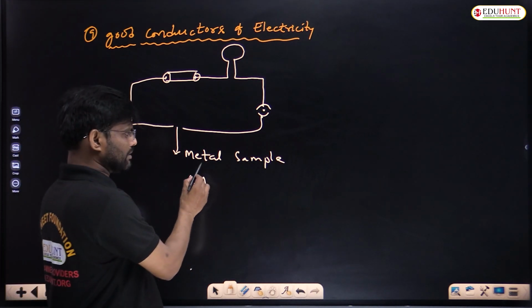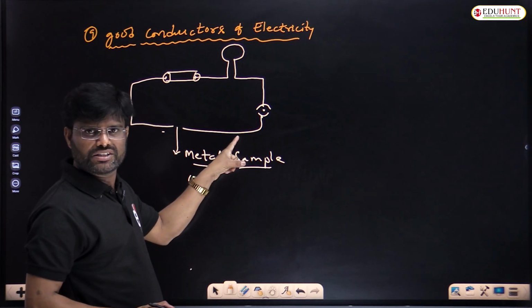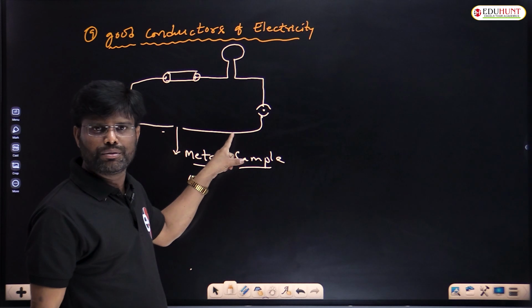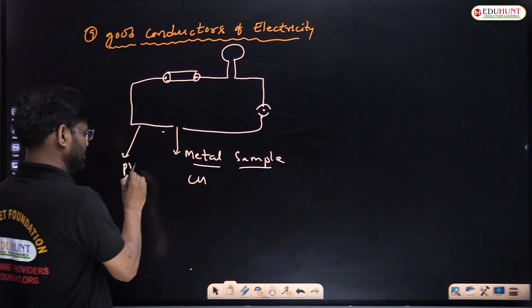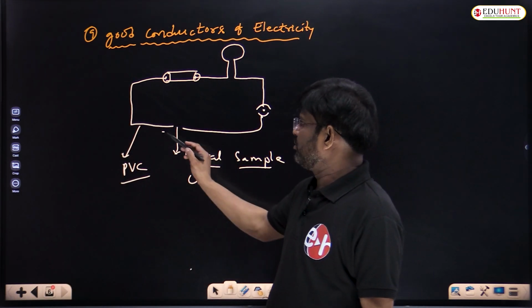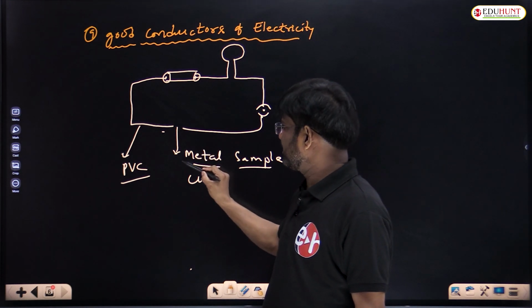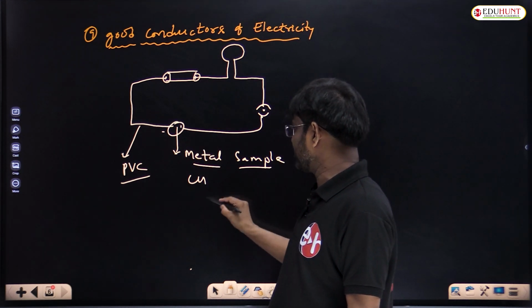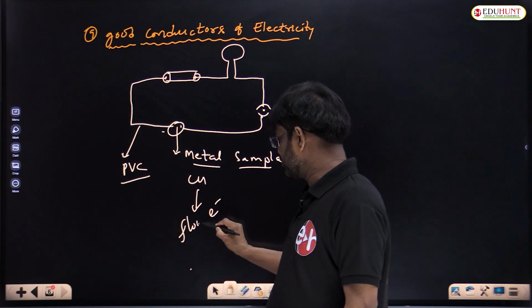So I am inserting the metal sample between the two electrical wires, which are made from PVC, polyvinyl chloride. Inside the wire is there, then this metal sample contains electrons. This is the flow of electrons.